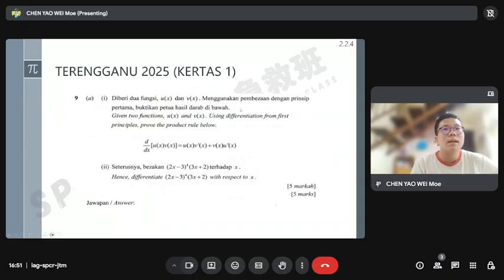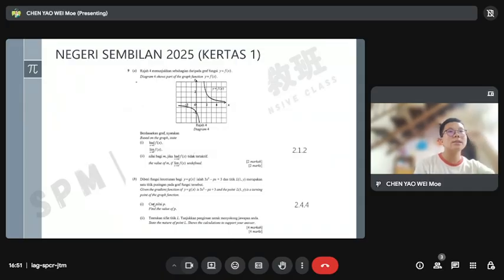Sometimes there is a question like this one. It's quite difficult, but if you know this, we call this the reciprocal, so you need to find the point that is undefined.